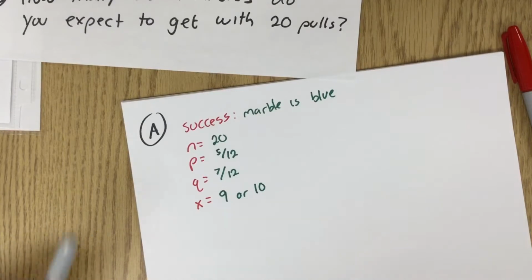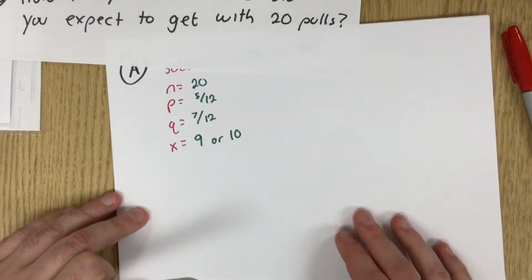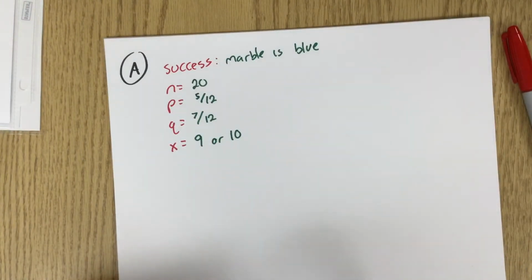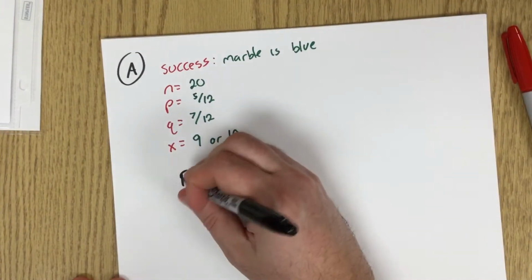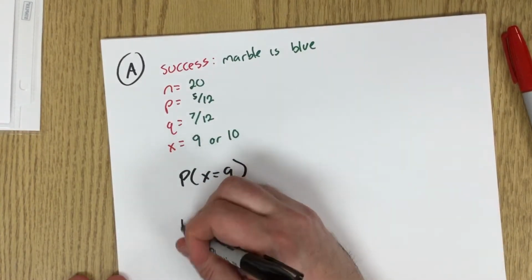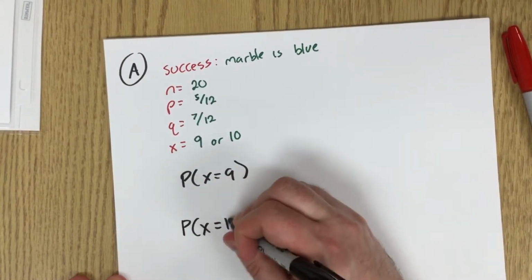So what we have here is we have cases. Our good old friend cases. So what we want is the probability that X equals 9, and the probability that X equals 10.